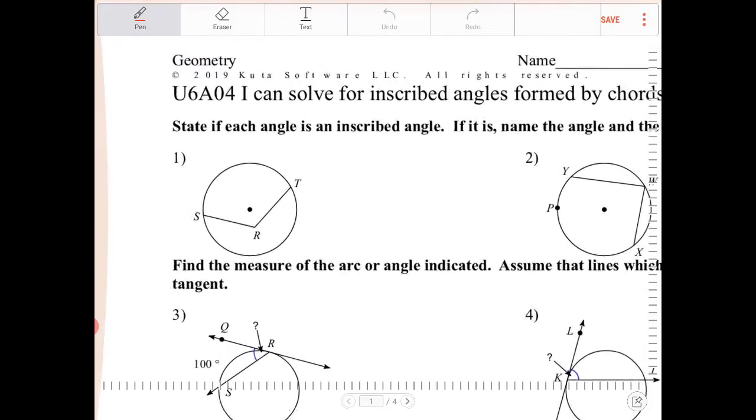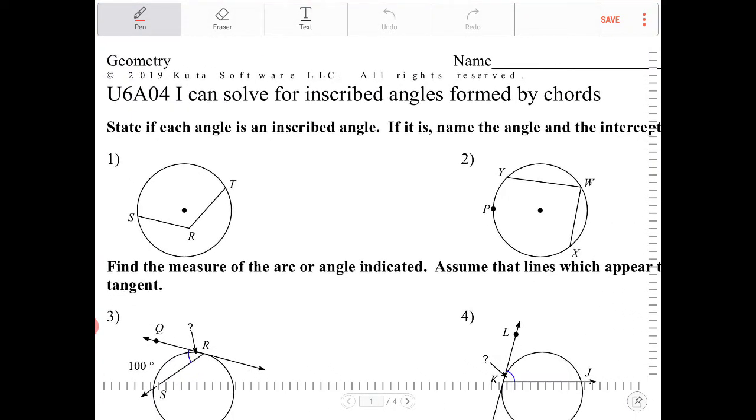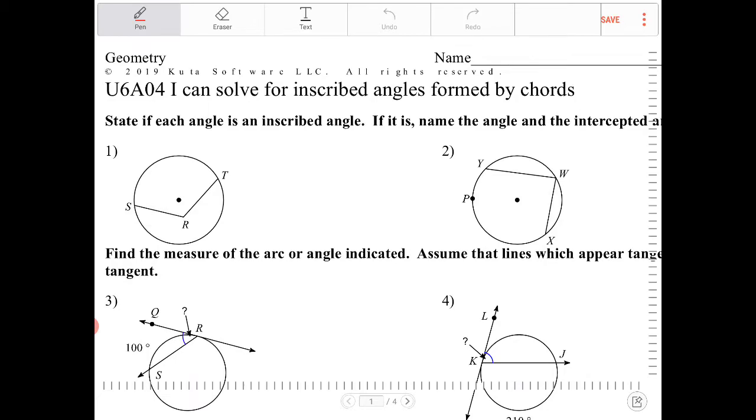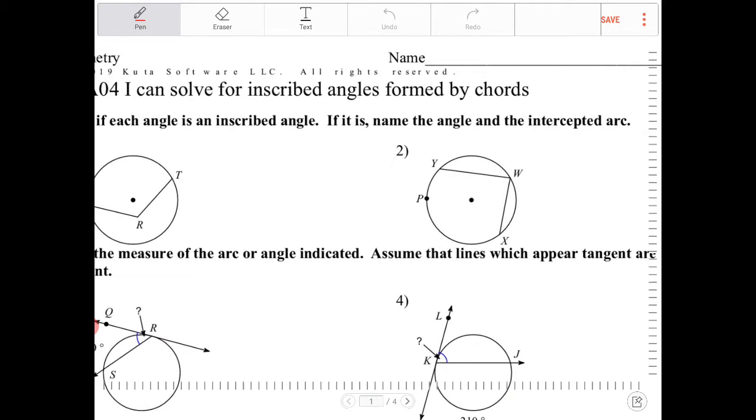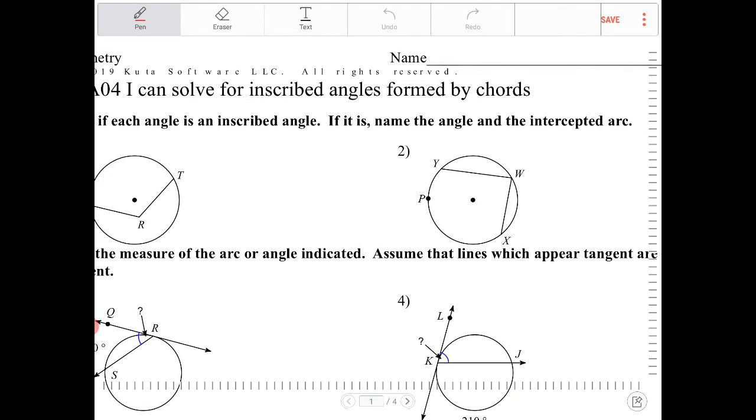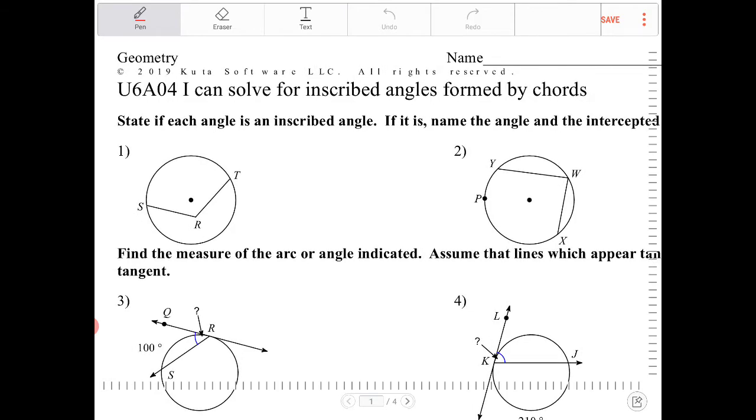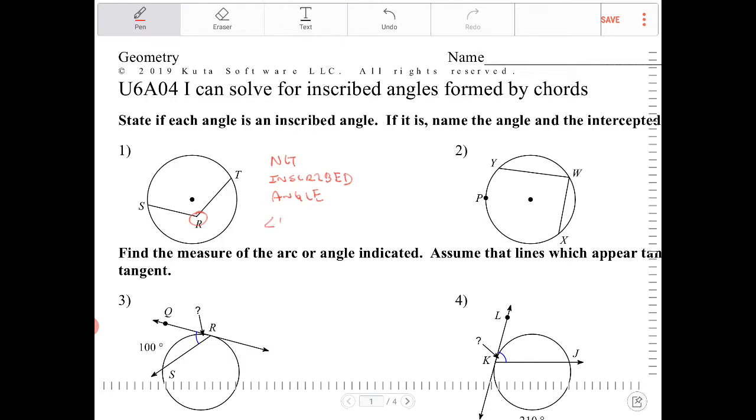Okay, so the exercise looks like this. State if each angle is an inscribed angle. If it is, name the angle and its intercepted arc. Looking at this, question 1 is definitely not an inscribed angle, because the angle over here is not on the circle.